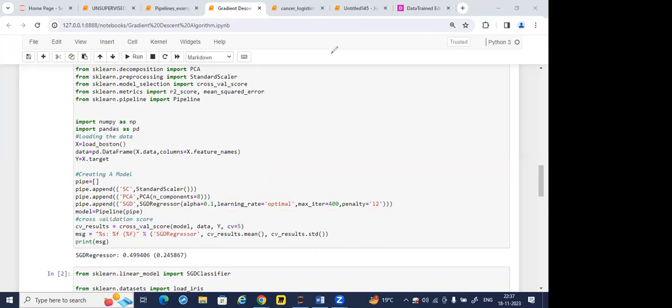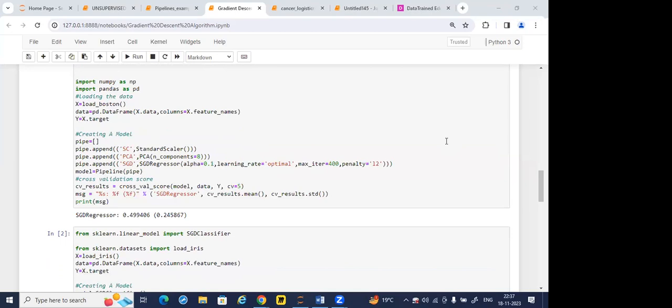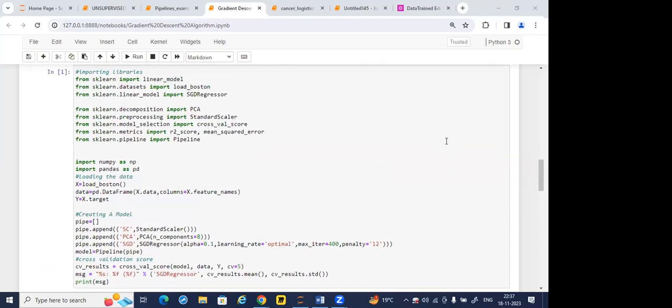In this way we can use the SGD regressor, just like we use other models.